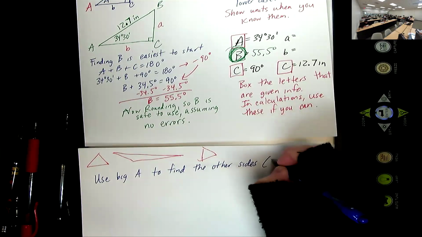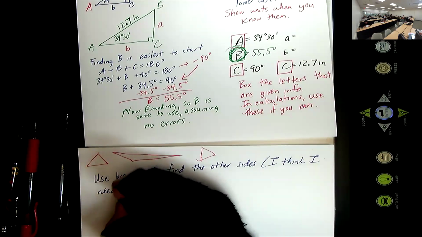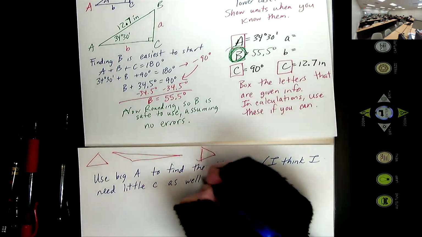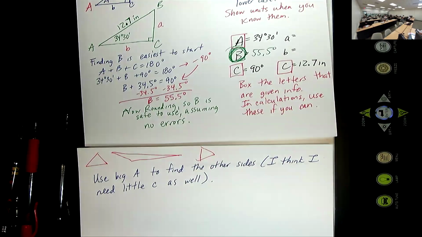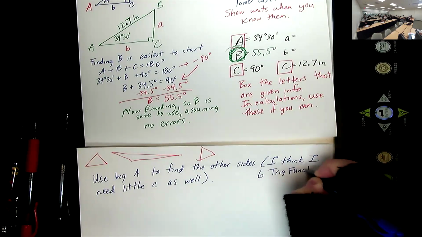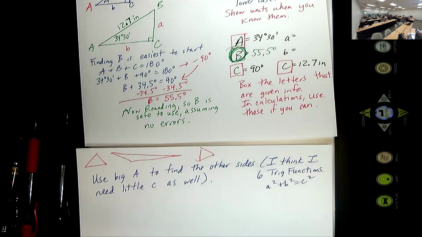And I think I'm going to need to use little c too, but we'll find out when we look at what we have available to us. We have the trigonometric functions available, so we have all 6 trig functions. And we have the good old a squared plus b squared equals c squared on right triangles.